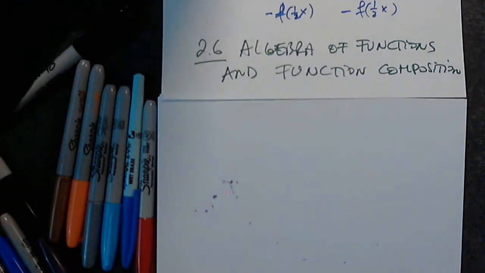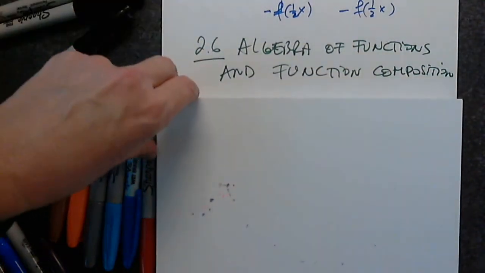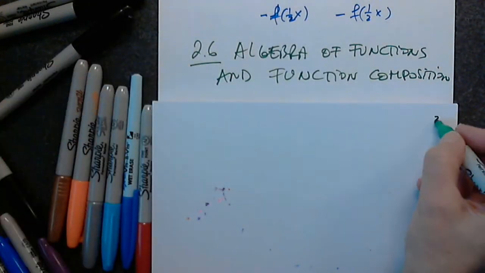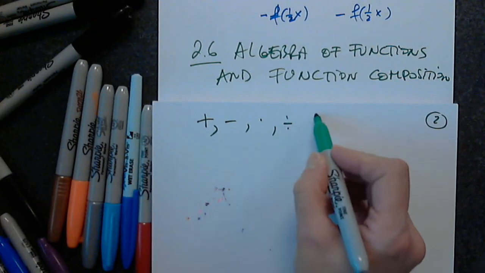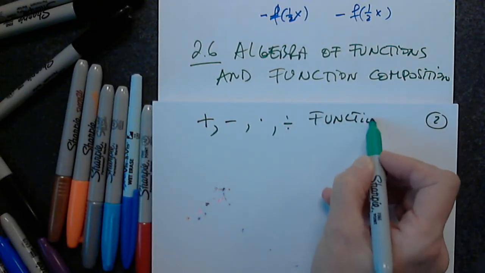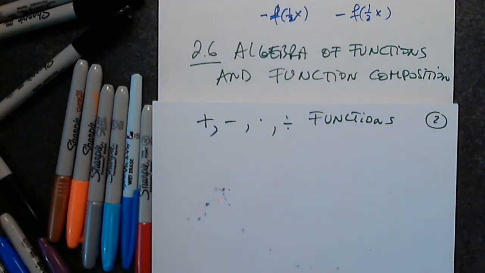I know you're going to ask why we need it, and I'll give you examples after we discuss it, of course. So algebra of functions, we just add, subtract, multiply, and divide functions. That's what algebra of functions means, right? We are adding, subtracting, multiplying, or dividing functions.